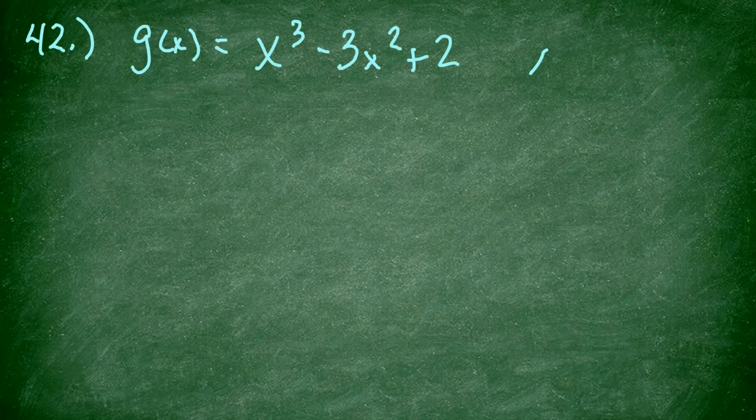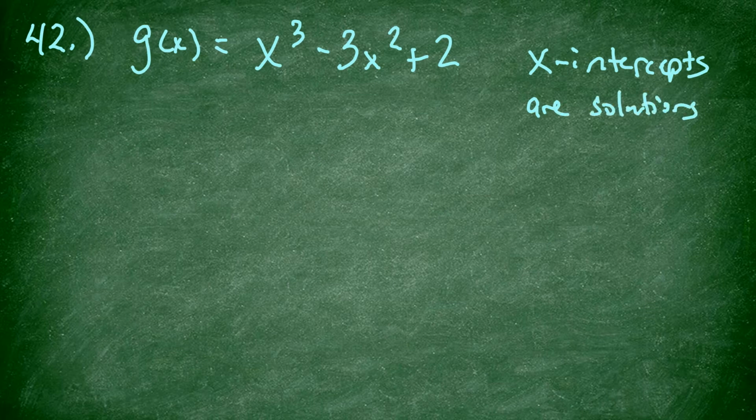Alright, in 42, they gave you a graph. They said, here's your function, x cubed minus 3x squared plus 2. Remember that x-intercepts are solutions. So if you solve it, and your x-intercepts are crossing, you can figure out which graph it is. So I'm going to do everything the same, where I'm going to find my p and q.